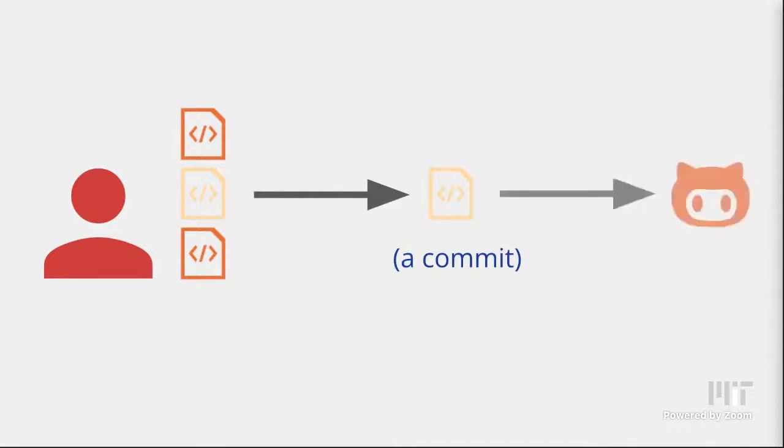So back to Ben. He makes some edits, and then those edits are packaged in a commit. So it's like one unit of a set of changes. And so when you're done with those edits and you want them to be synced across to other members of the team, Ben pushes those commits to the Git server. And so the Git server tracks those.